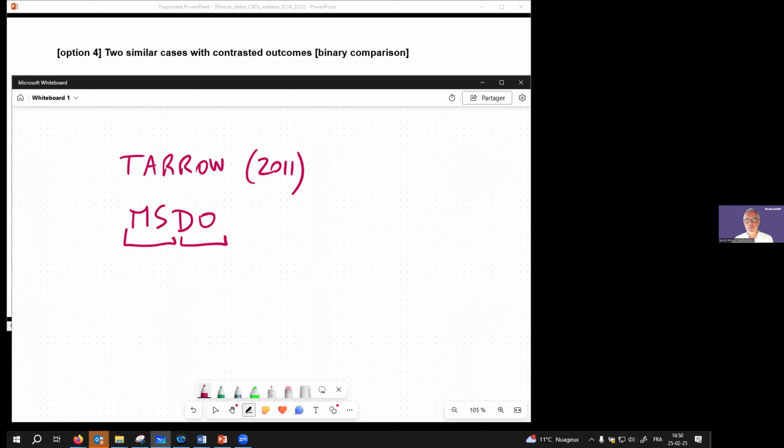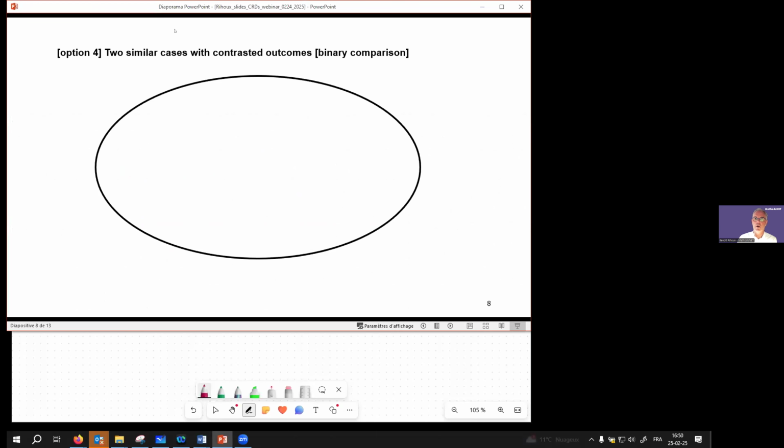Most similar systems or cases that display a different outcome in spite of being similar, in spite of sharing some contextual features and definitional features. Two comparable cases. And so you first define a population by convention.